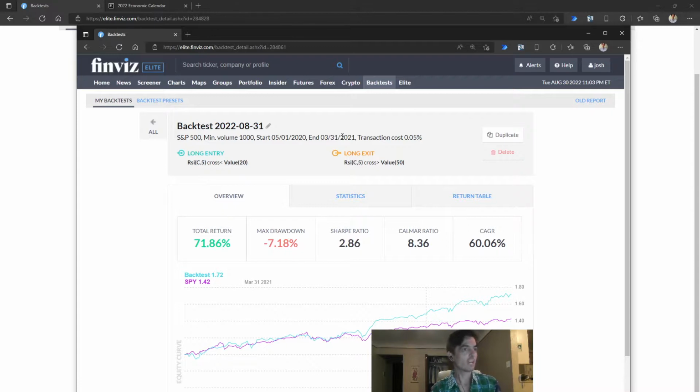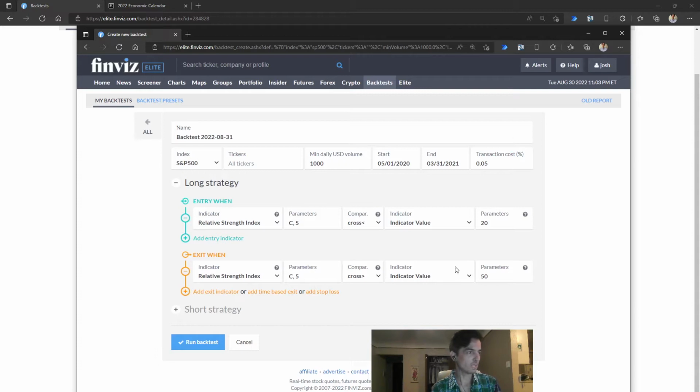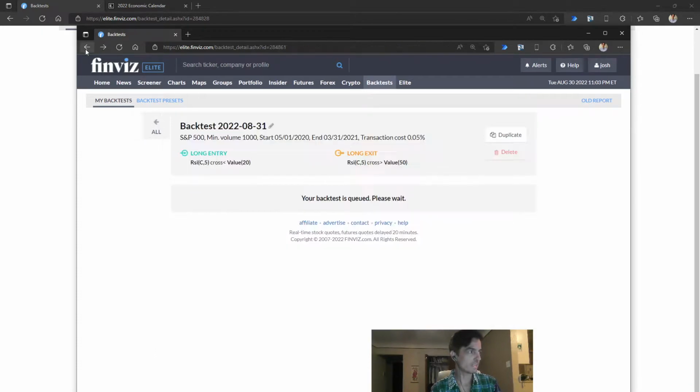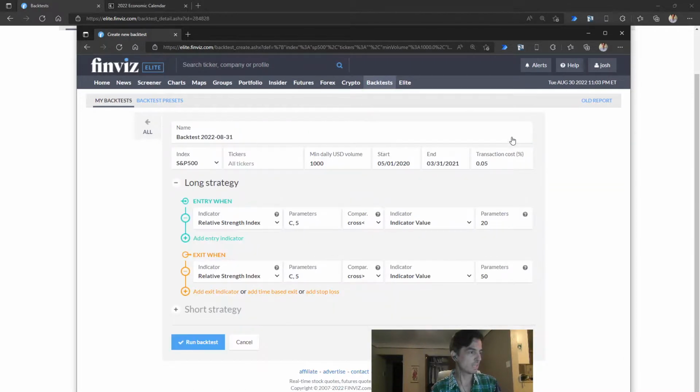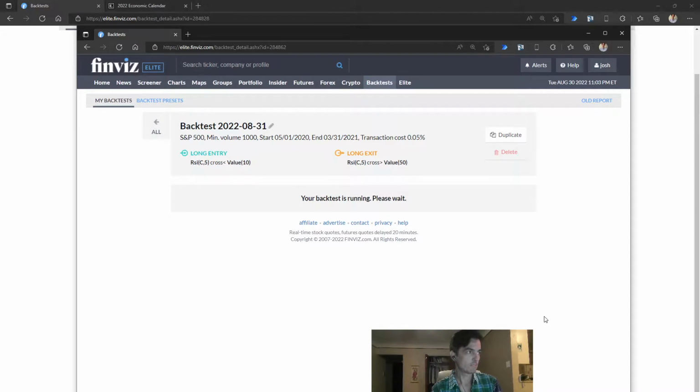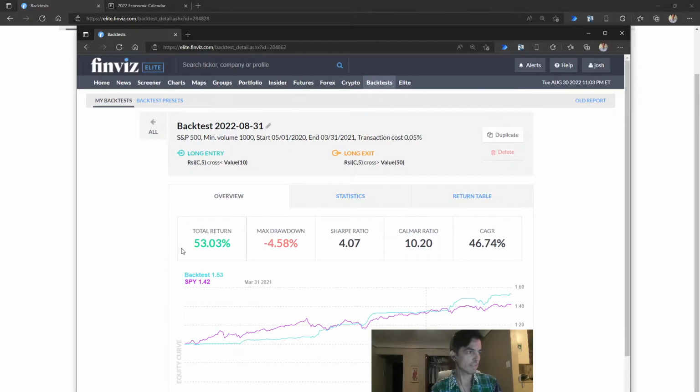I don't know. Anyways, it's really fun to go in here all day long, hit duplicate, and change this. Wait, what was that again? Running 71%, duplicate. If we change this, for instance, to 10, 70, what was that? 71%. Now it's 53%.